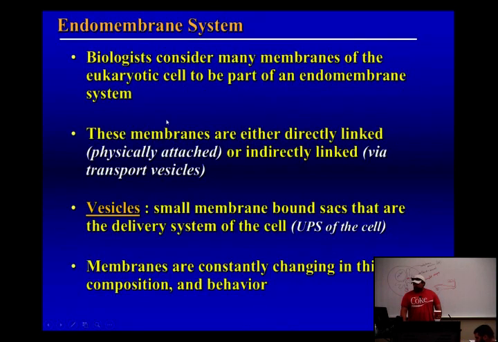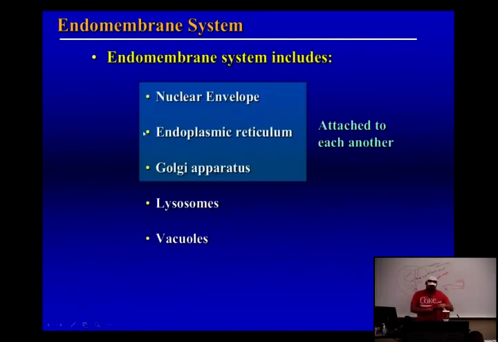Okay, so we just talked about the vesicles, right? Those are the things that surround it. And then the endomembrane system is a system of organelles that either physically share membranes. So remember we talked about the nucleus and the endoplasmic reticulum sharing that outside membrane. So that would be part of the endomembrane system.